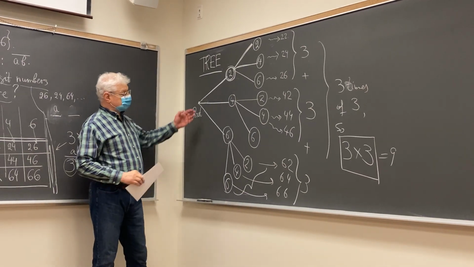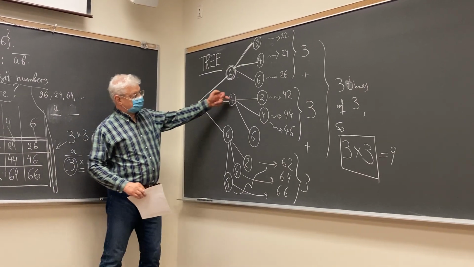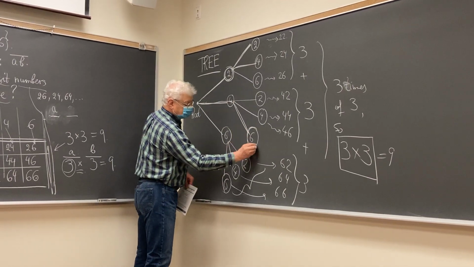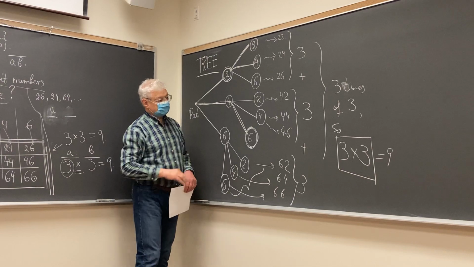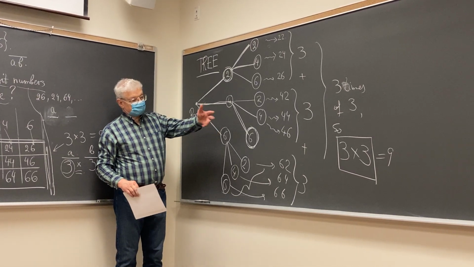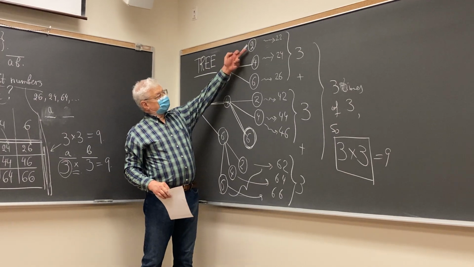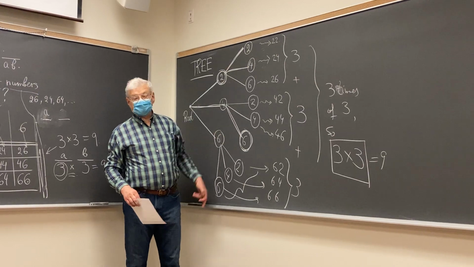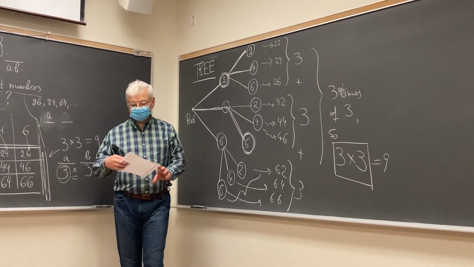And surely it's clear that each path, for example 46, corresponds to the leaf 6. So the answer 9 is the number of leaves, which gives you the number of all possibilities.